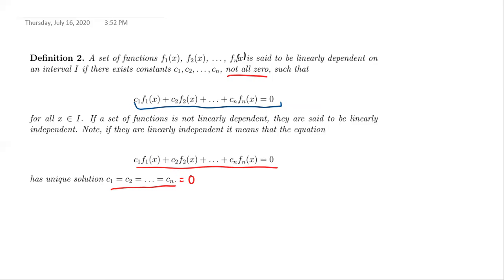So at least one of them has to be non-zero. On the other hand, how do you check if a set of functions is linearly independent? Write down the same equation, and this time check that the only way this equation is true for all x on your interval is if all of the coefficients are zero.